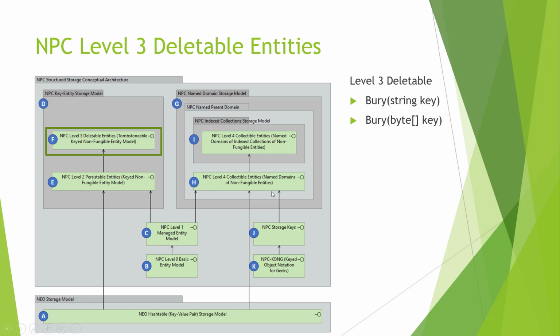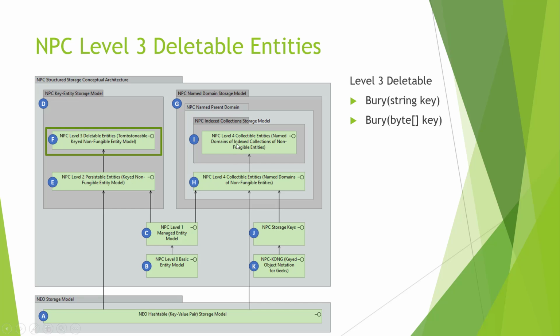So now we're going to move over onto the right-hand side, and this is the named storage domain model. And so there's a hierarchy of domains, a hierarchy of containers, if you will, for organizing your entities. So you can have a parent domain, and within that you can have an indexed collection. And you can also have named domains within the parent domain, and we're going to see examples of all of that.